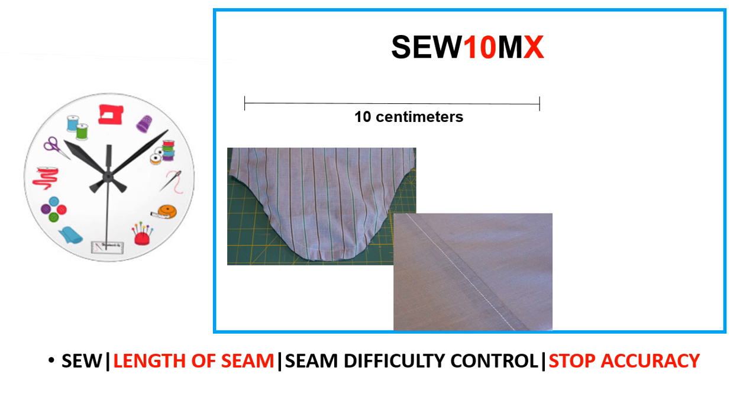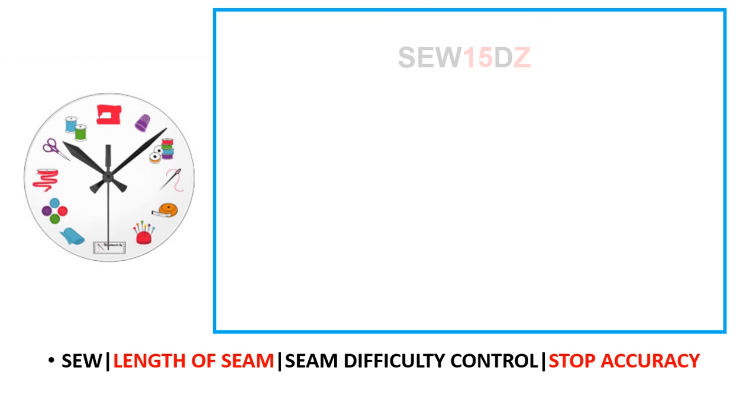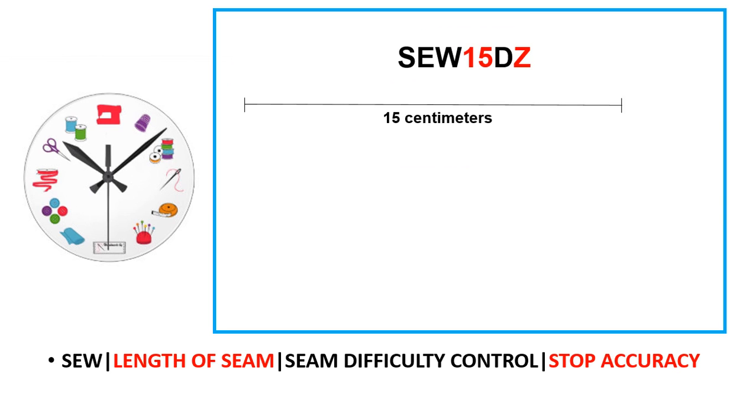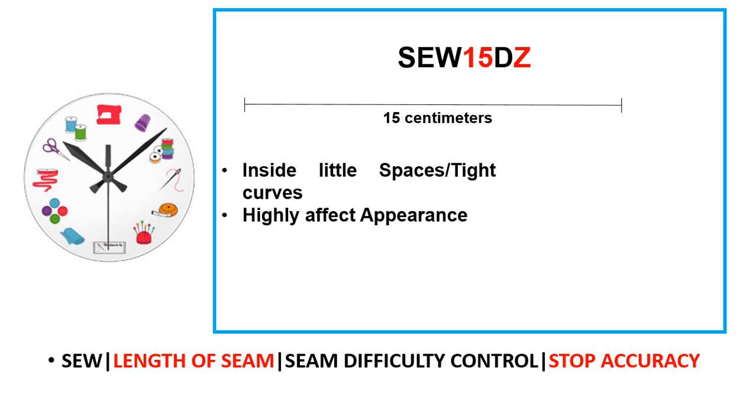Let us consider another example, SEW 15 DZ. So here, it is 15 centimeters long stitch with D or difficult stitch control, suggesting it is to be sewn inside little spaces and the stitch will affect the garment appearance. The stop accuracy of Z, meaning high precision within 1 to 2 stitches, like in case of top stitch on pockets of this pattern.